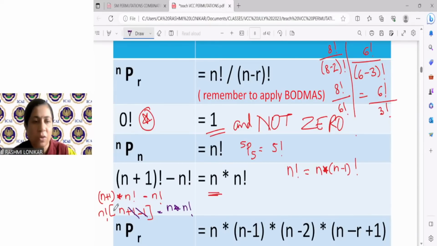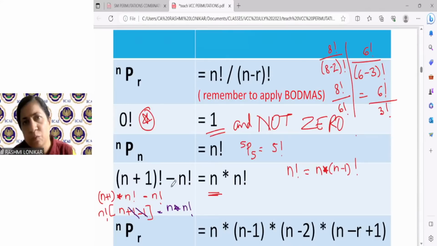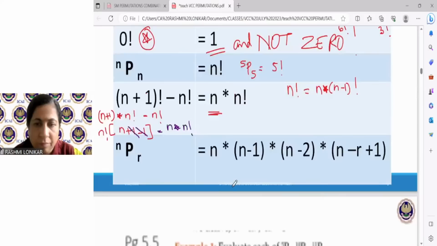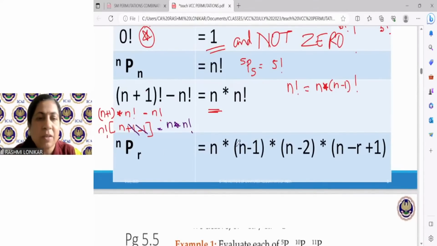Okay. So this is how we've got it. But you don't know where they are going to ask you to prove that, etc. So all you need to know is that (n plus 1) factorial minus n factorial is n into n factorial. And nPr can be written as n into (n minus 1) into (n minus 2) up to (n minus r plus 1).